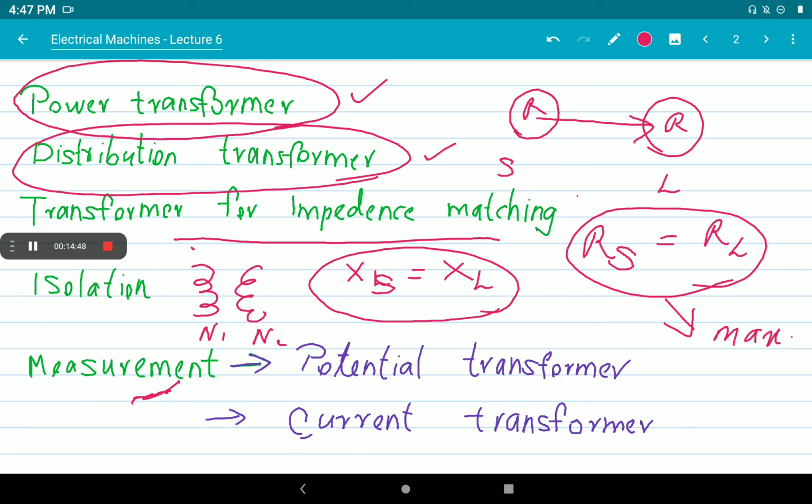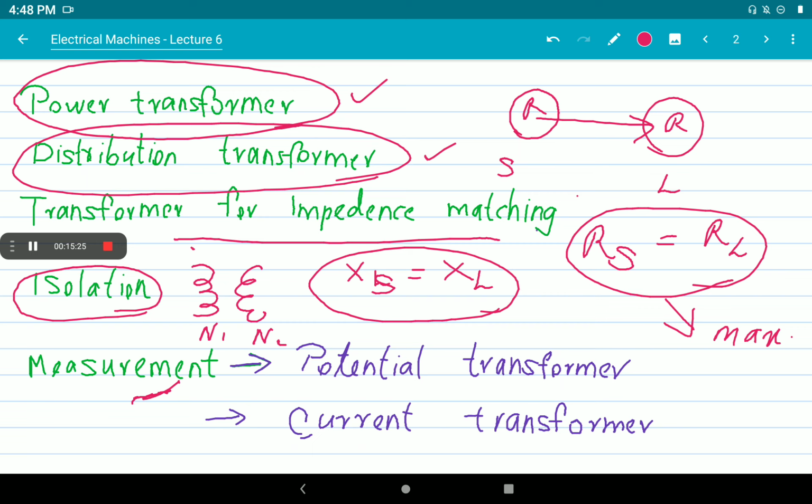Another application is isolation. What is isolation? Isolating from some source. That means there will not be any direct current flow in a transformer from the high voltage side to the low voltage side or from the low voltage side to the high voltage side. We know that a transformer has two windings, primary and secondary. These two windings physically have no connection between them. There is only magnetic coupling between the primary winding and the secondary winding.